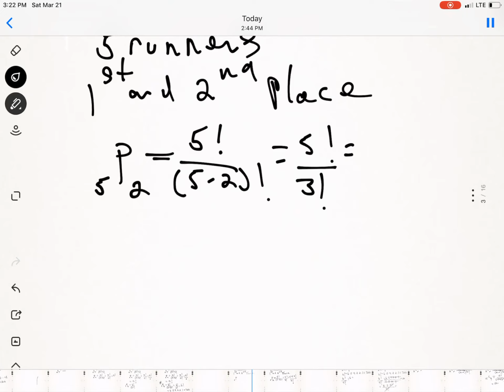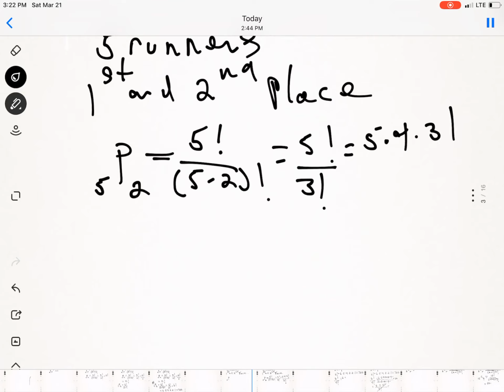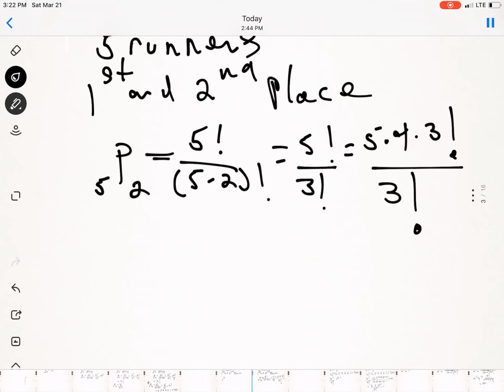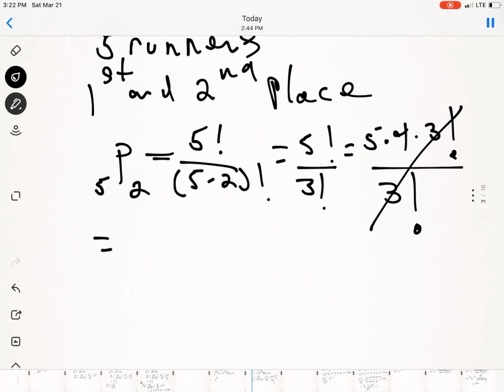Now that's going to be 5 times 4 times 3 factorial divided by 3 factorial. Okay? The 3 factorials can cancel, and we end up with 20.